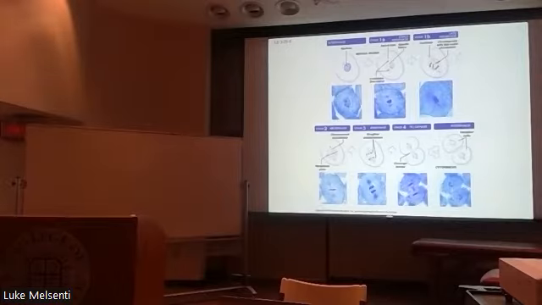B12 and folic acid. If you have a deficiency in those, what do you wind up with? Big cells, megaloblasts, right? That's why you get megaloblastic anemia, right? So if you don't have B12 and folic acid, you wind up with larger than normal cells.